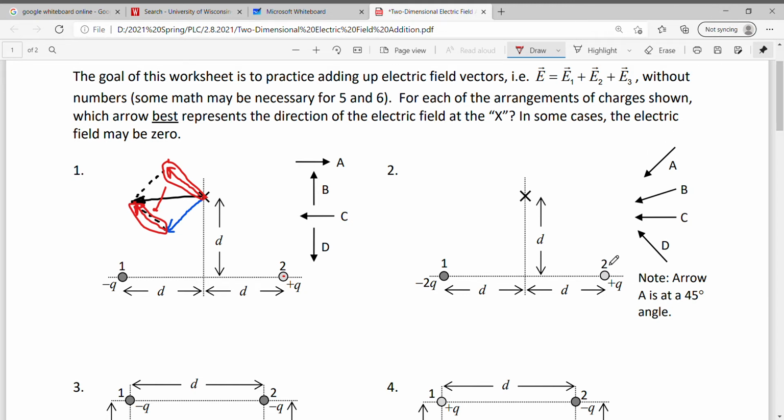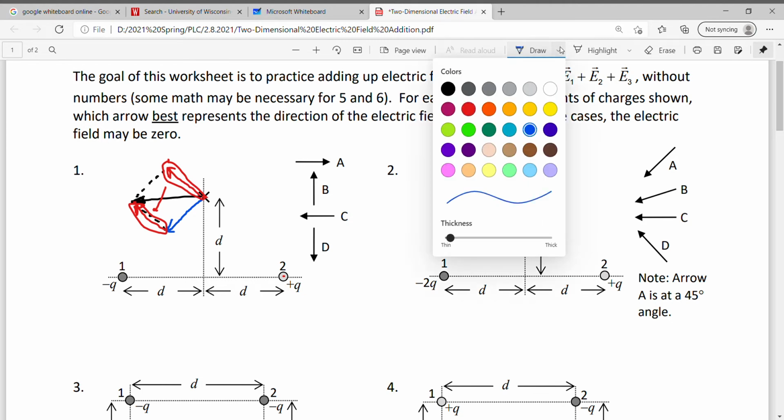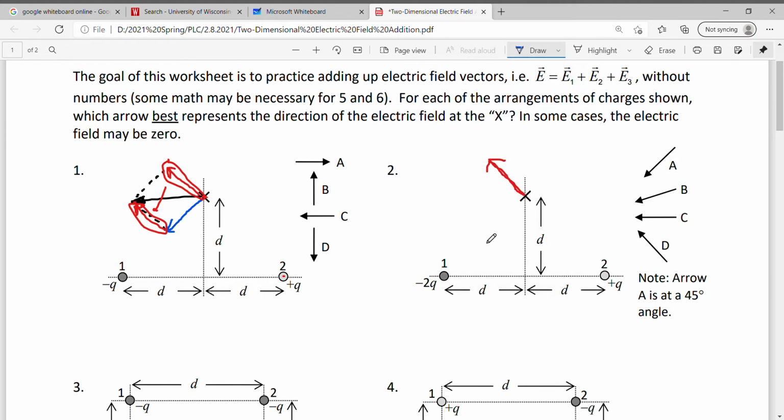So now let's move to this one. The E1 generated by the positive charge is pointing in this direction. However, E2 generated by this negative charge is now in the same direction, but with a larger magnitude.